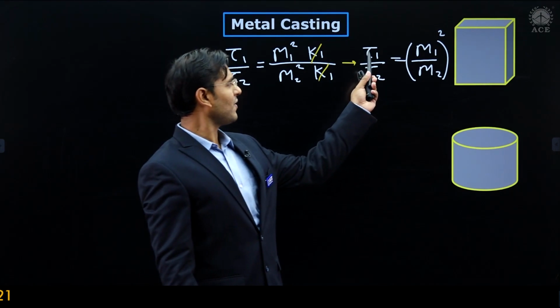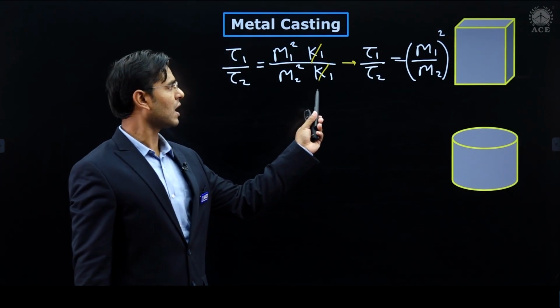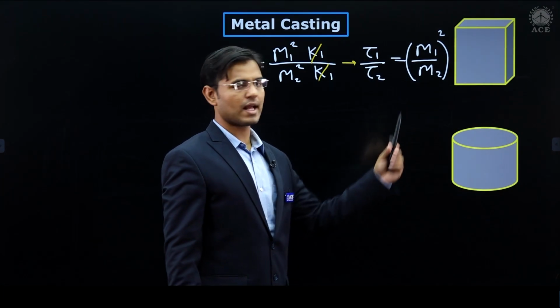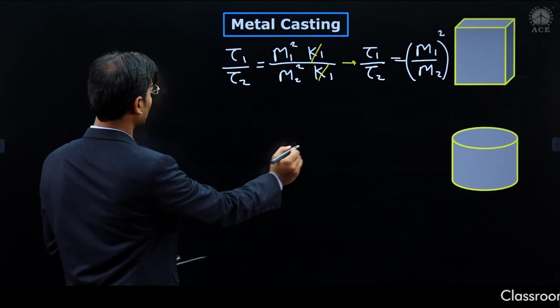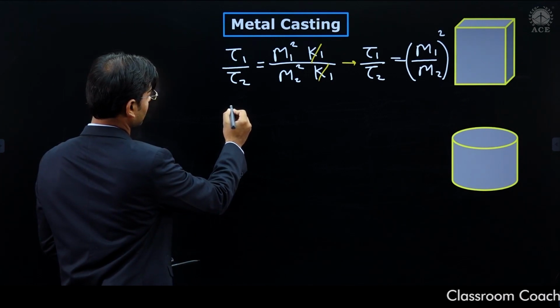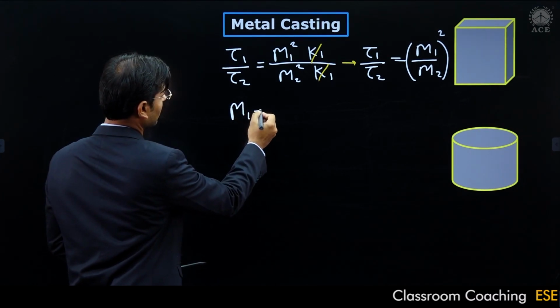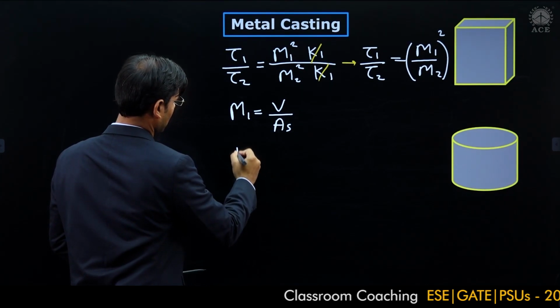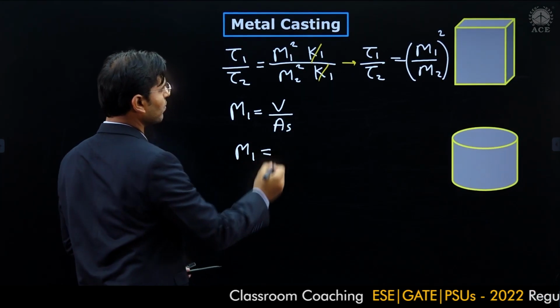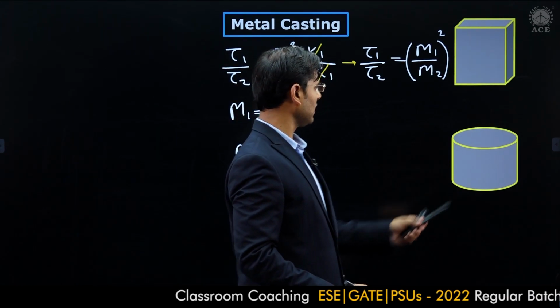Now we know the value of tau 1, and we have to calculate tau 2 in this problem. But what are M1 and M2? M is the mold modulus. I am writing the formula for the mold modulus: M1 is equal to volume divided by surface area. What is the volume of the first one?